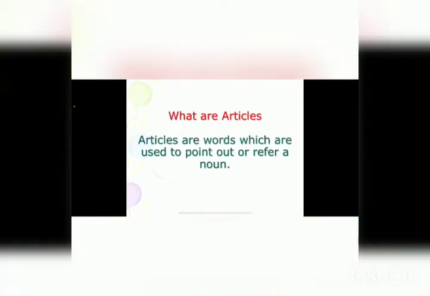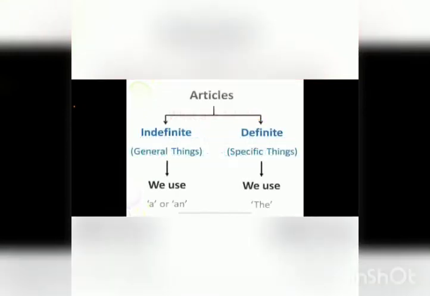Now, what are articles? Articles are words which are used to point out or refer to a noun. Articles can be classified as indefinite articles or definite articles. What are definite articles? They are used to tell us about some specific person, place, or thing, and we use the.